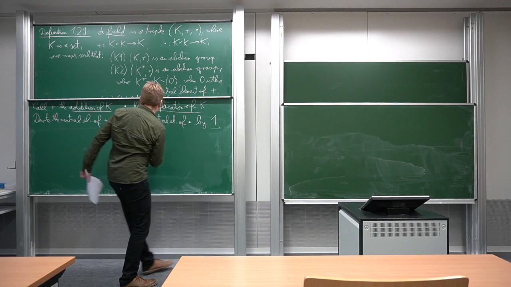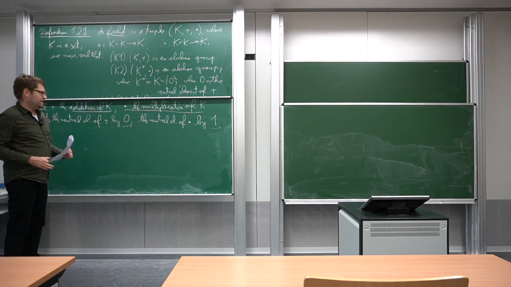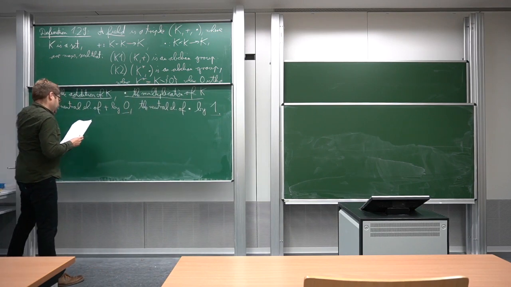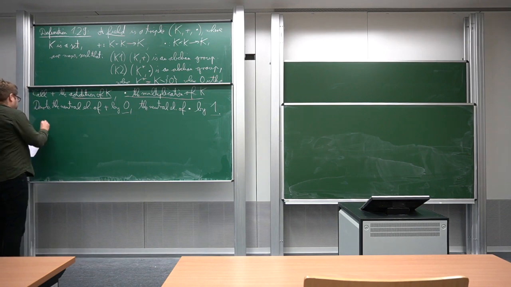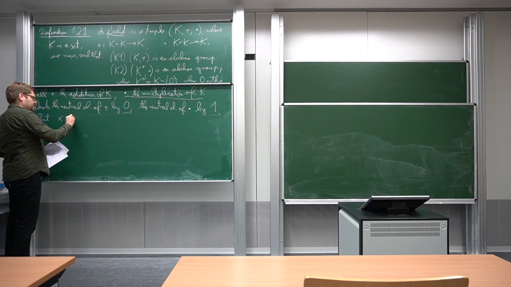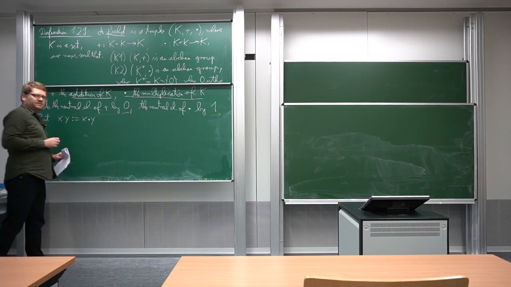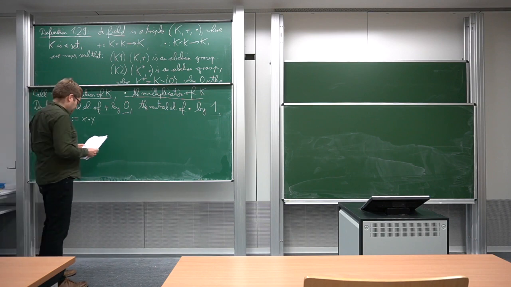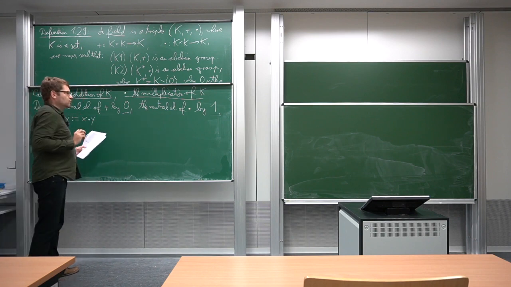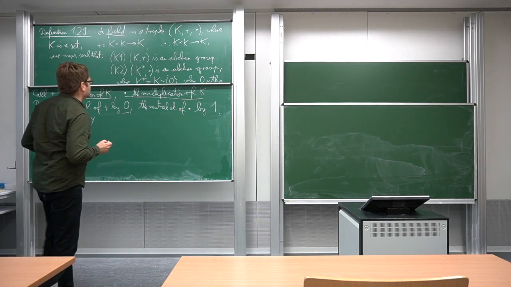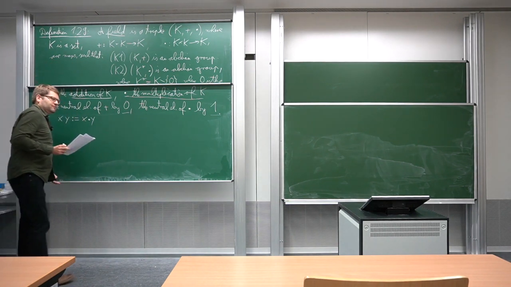So this is how we define 0 and 1 in this way, which looks a bit awkward, but it really works out nicely. And some shorthand notation: we just write xy instead of x dot y to denote multiplication, as we used to do in the real numbers in school, when we still knew what the real numbers were and weren't confused by this university teacher who tells you different things.